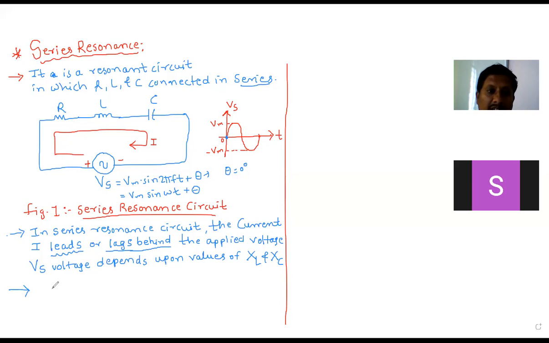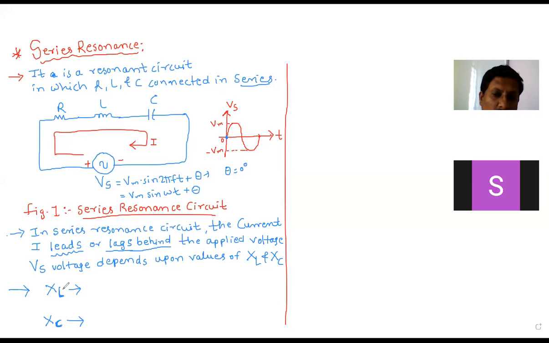Okay. So what is XL and what is XC? Try to understand these fundamental concepts. What is XL? L is for inductance. So XL means the impedance, reactive impedance.